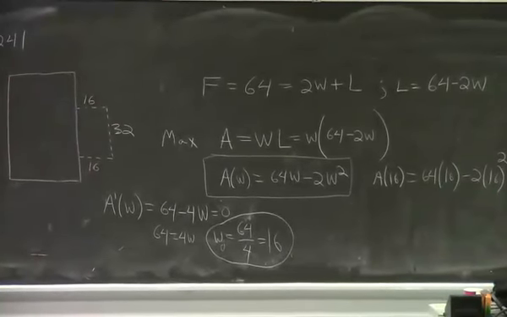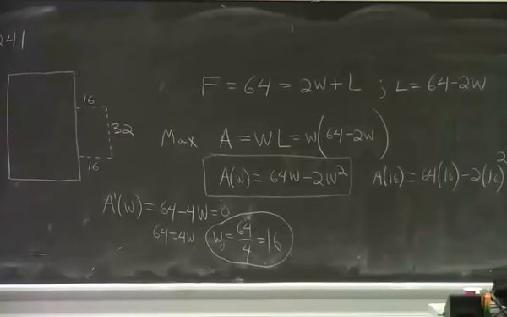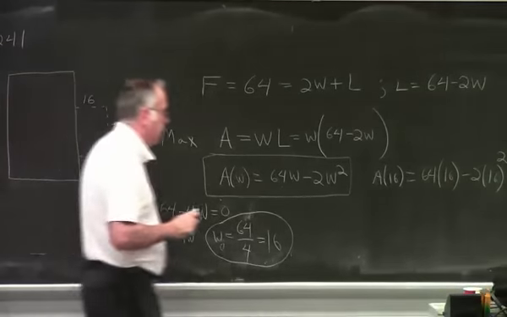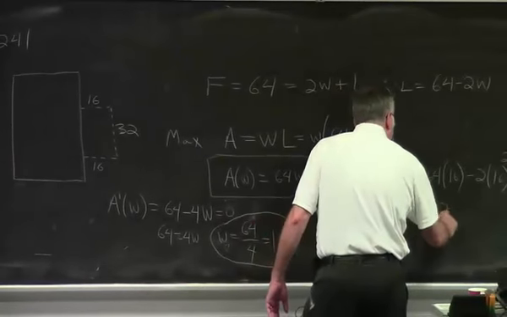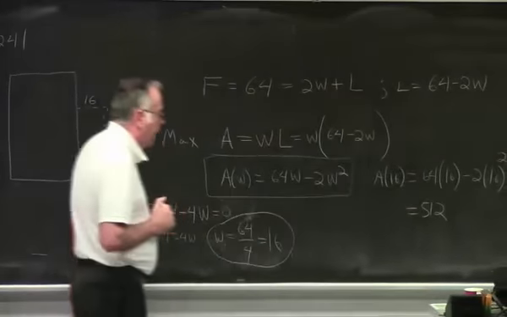So it's 16 times 32. What is that equal to? 16 times 32? Anybody help me out? What is it? 512. Thank you. So that would be our maximum, 512 square yards. A of 16 is equal to 512 square yards.